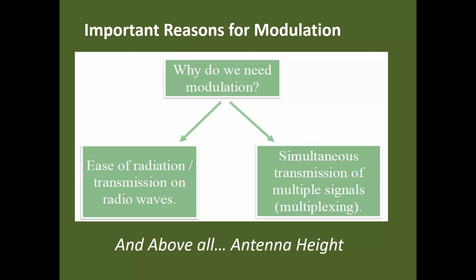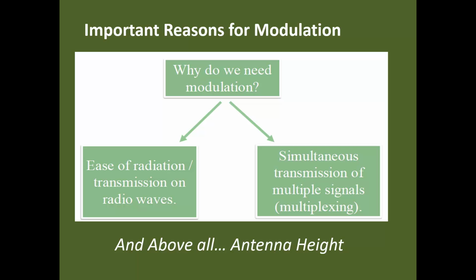And we also know that the antenna requirement for signal transmission is approximately equal to lambda by 4, right? So depending on the wavelength of the signal, the antenna height will be required. Now, if we use lower frequencies, antenna height will be in kilometers.